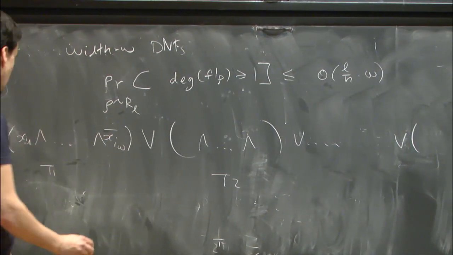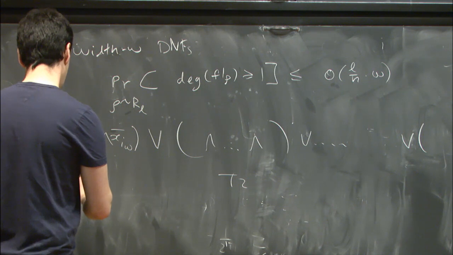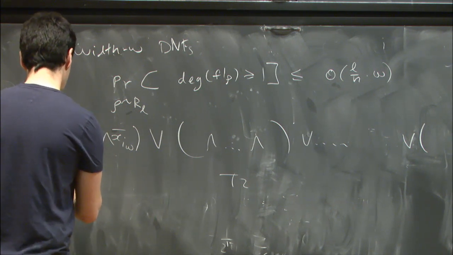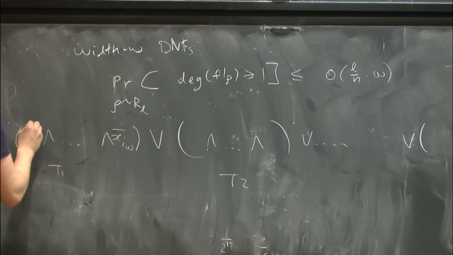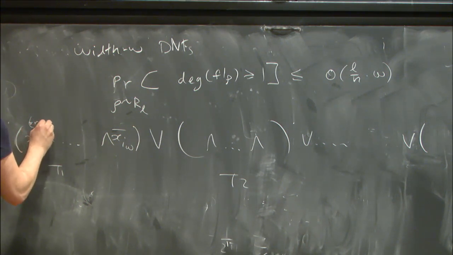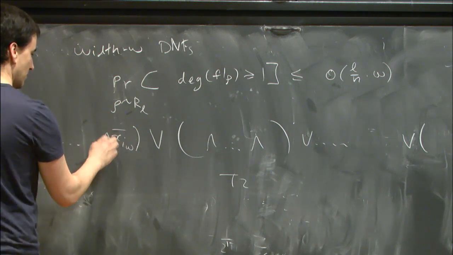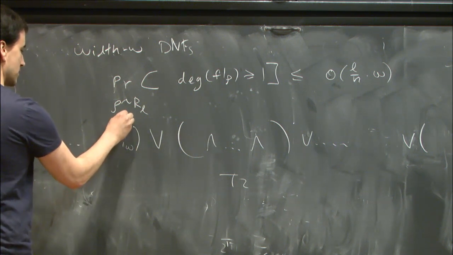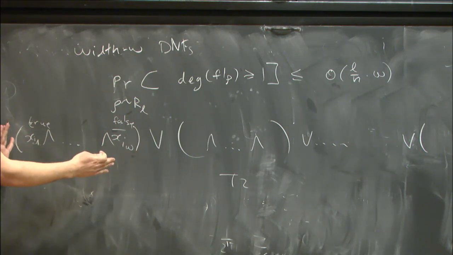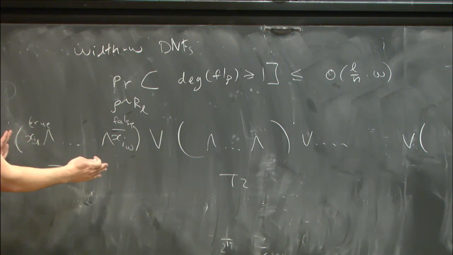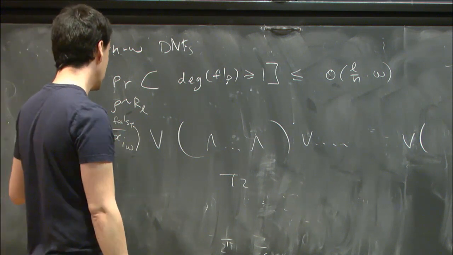So we look at the first one. Maybe some of these bits were fixed: this was fixed to true, but this literal was fixed to false. So maybe this entire term is equivalent to false, which means we don't want to look at it.